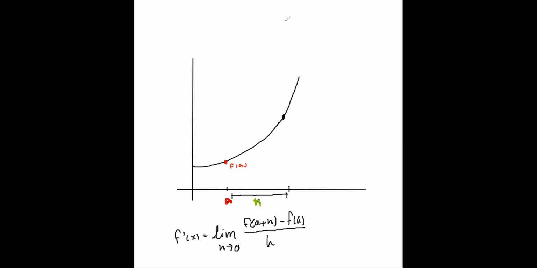And then that will make this point a plus h. It's because it's the point x is equal to a, plus some distance h, and we end up with the point a plus h. Yeah? Just let me know if at any point you're not following where I'm going with this. So this will be the point f of a plus h.